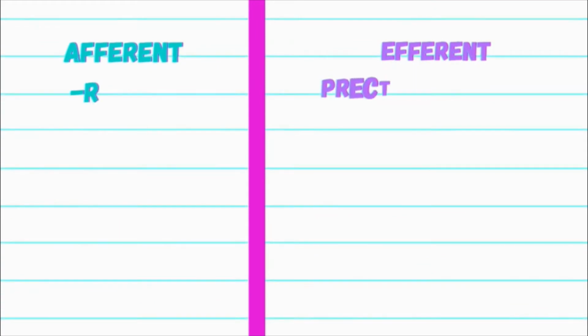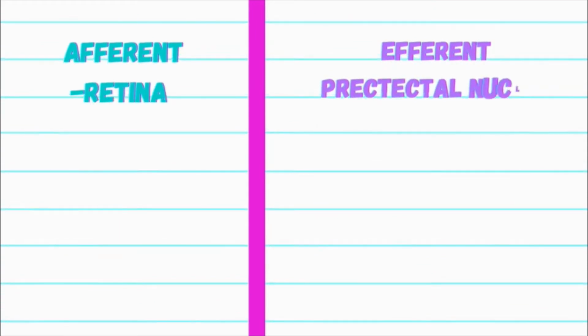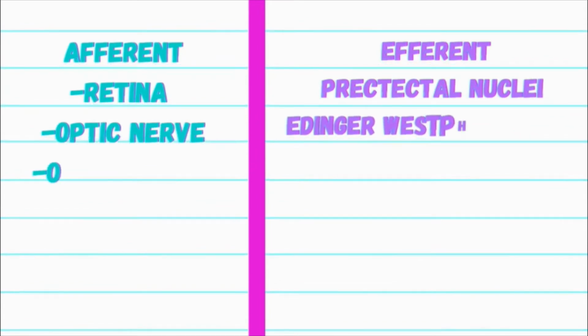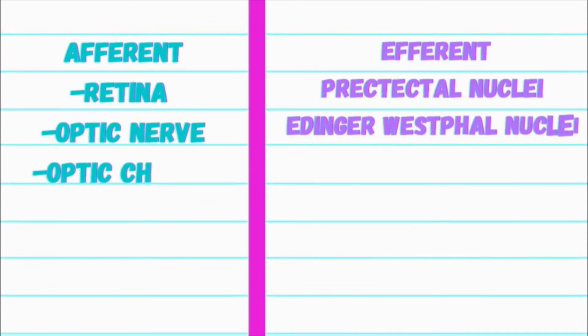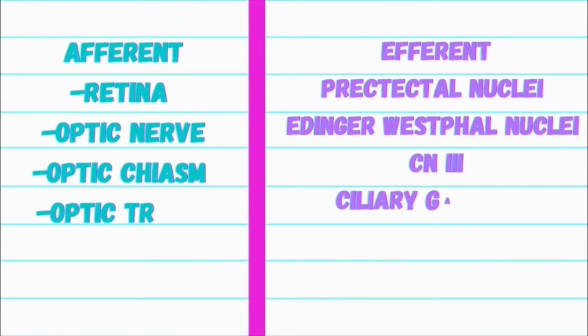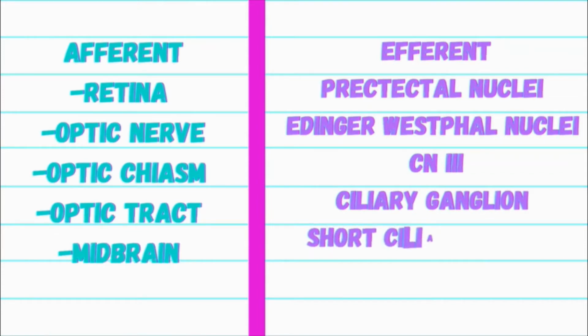Yes, I know that was a lot to take in. So here are the major structures in each pathway. For the afferent pathway, the fibers move from the retina to the optic nerve, to the optic chiasm, the optic tract, then to the midbrain.